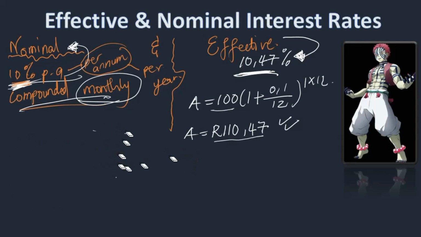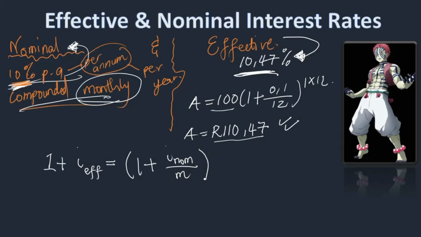The formula says: 1 plus i with a subscript of EFF is equals to, in brackets, 1 plus i with a subscript of norm over m, close bracket, raised to m.